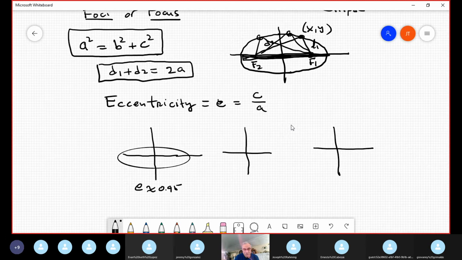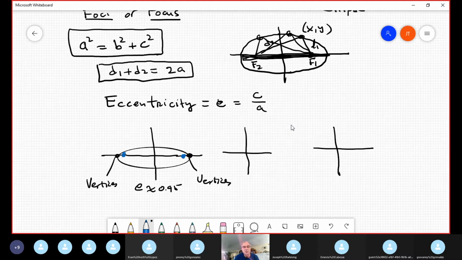That means, in interpretation, A is the vertex. We have two vertices. And the focus, this is a focus. I'm using another color for the focus. It is very, very close.